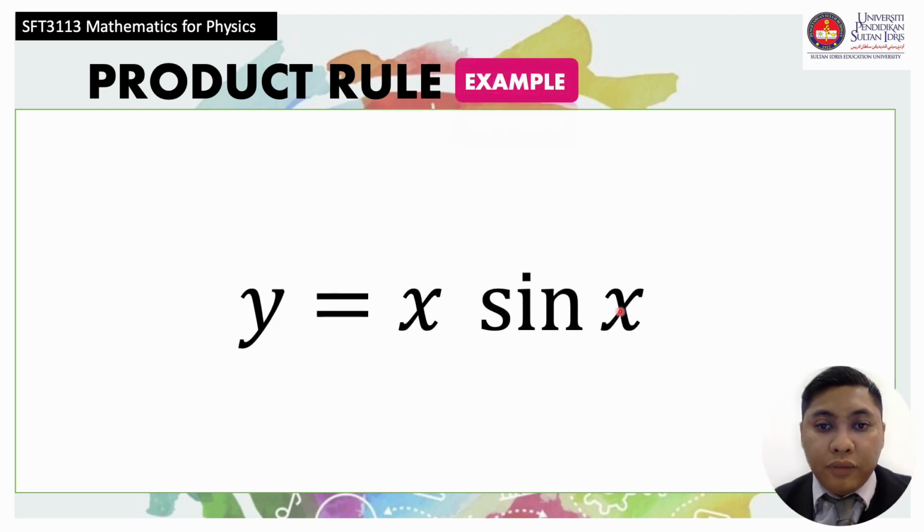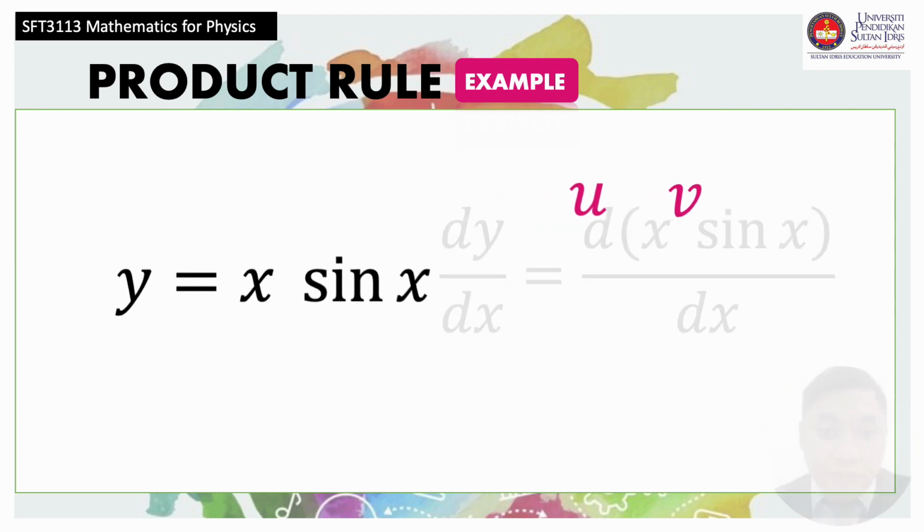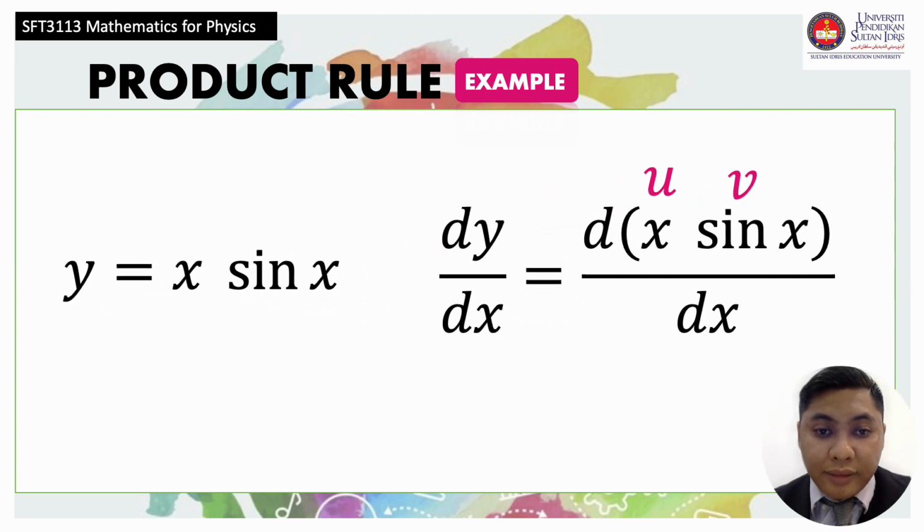Let's go to the example for the product rule. If you have y equal to x sine x, so u is x and v is sine x. Then we will differentiate x and sine x according to the product rule.